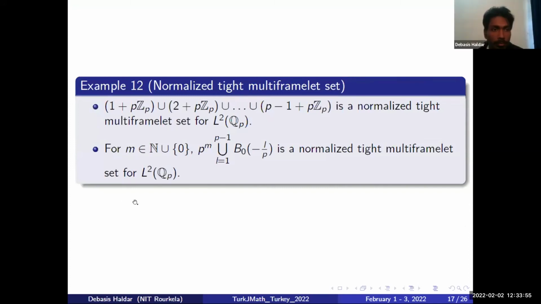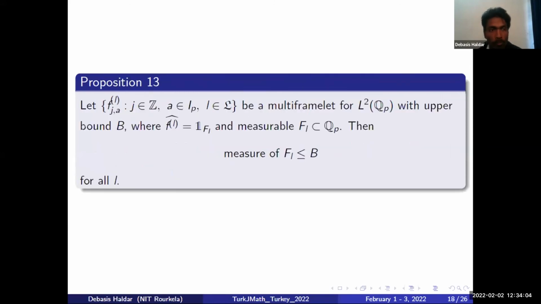Okay. And here is the example of the normalized tight multiframelet set. The next is, let this affine system be a multiframelet for L2(Qp) with the upper bound B, and the Fourier transform of this f^l is the characteristic function of this capital F^l.